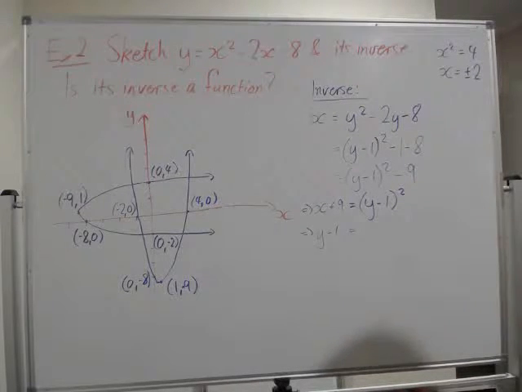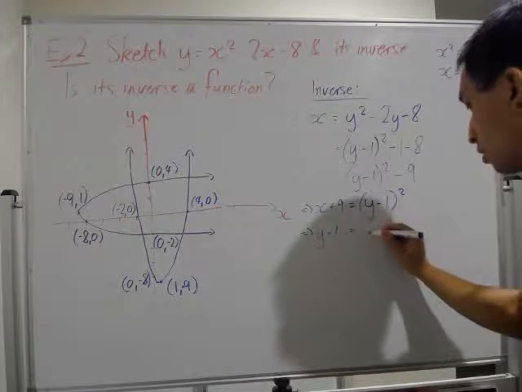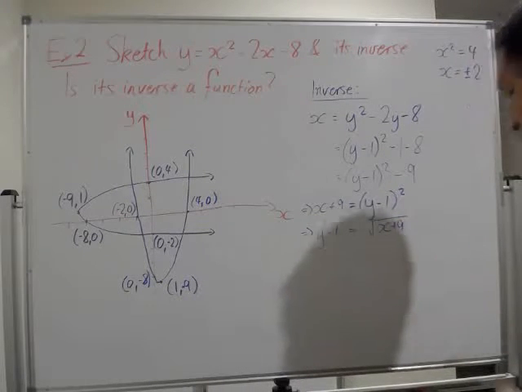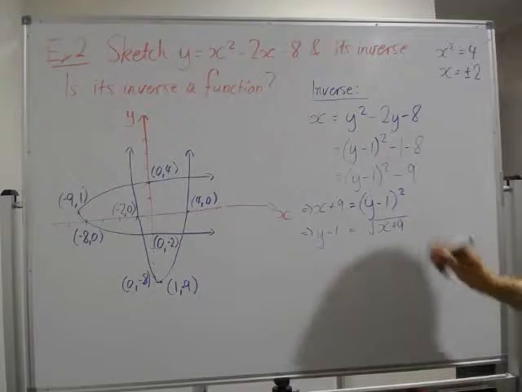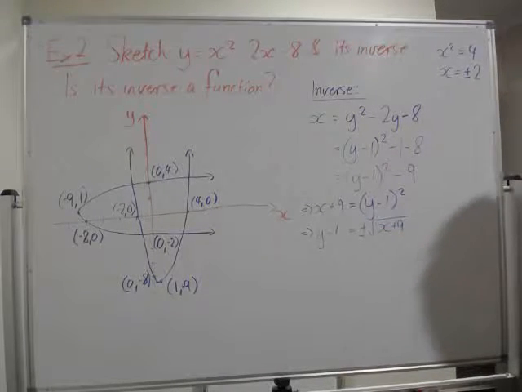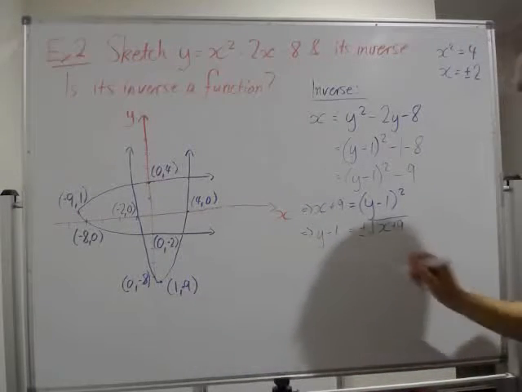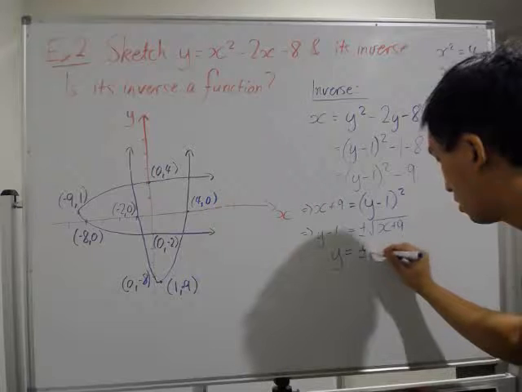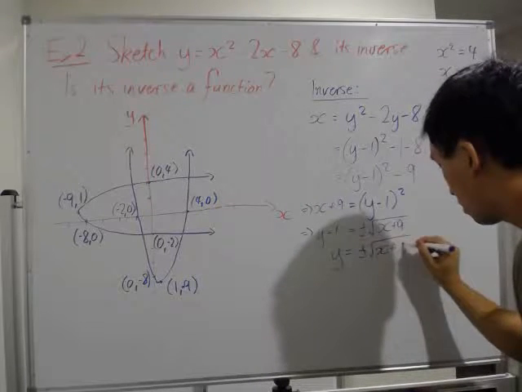So this is a very similar case. The square root of x plus 9 is the square root of x plus 9, but it's plus or minus. You need to consider both cases. So after that, let's just add 1 to this.